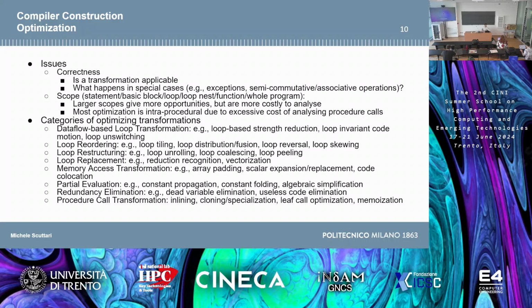For instance, if I compute x times i, where i is the index of the loop, and I compute it at every iteration of the loop, this is the same as computing t equal t plus x, every time.